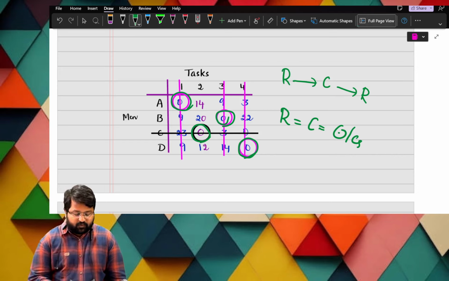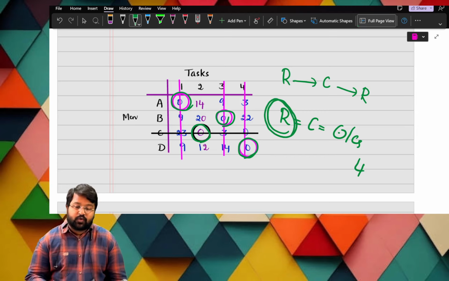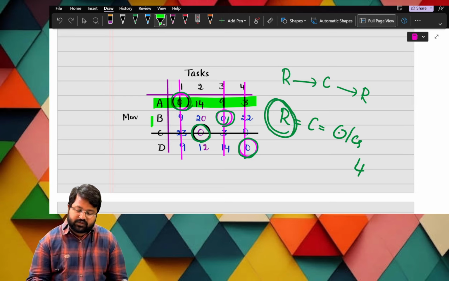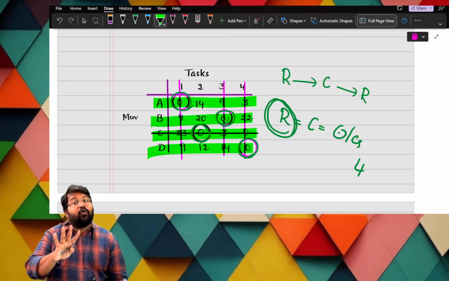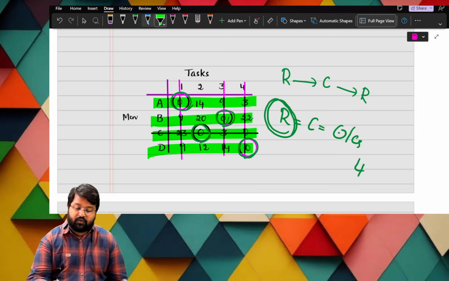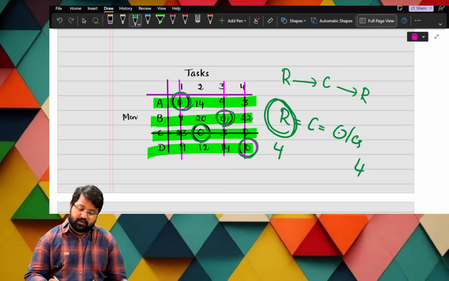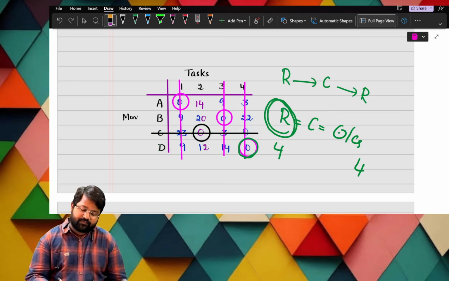Okay, four circles. What is the number of rows? This is one row, this is two, this is three, this is the fourth row. There are four rows. What about columns?